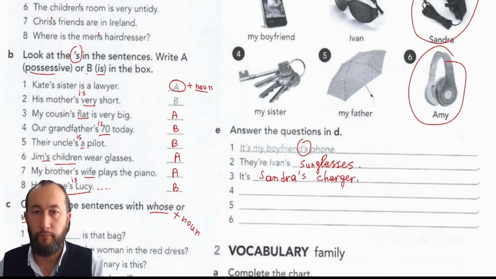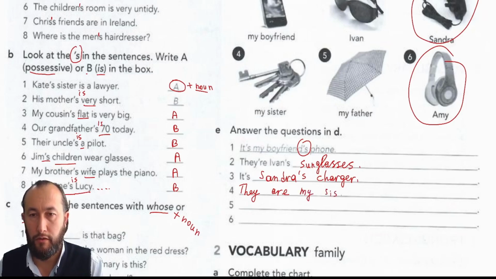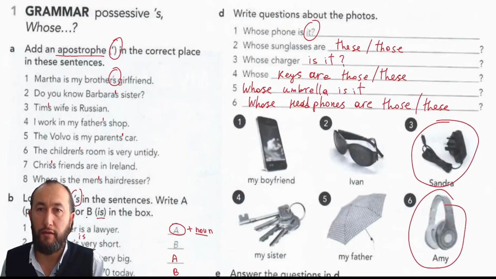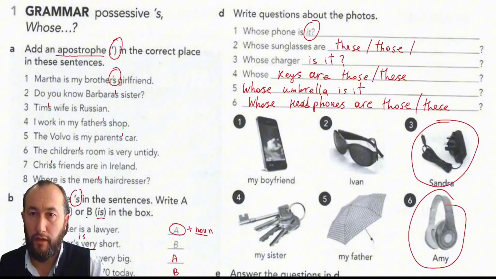Number 4, keys. So they are my sister's keys. By the way, when we say they, so number 2, whose sunglasses are, we can also use they, by the way, guys.